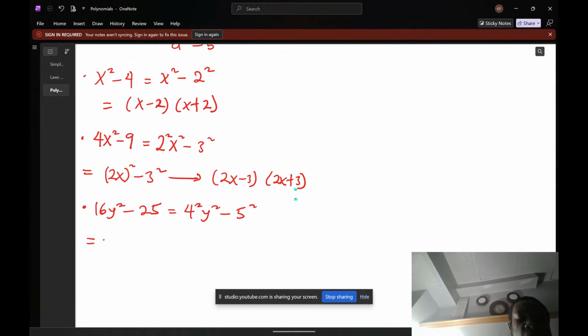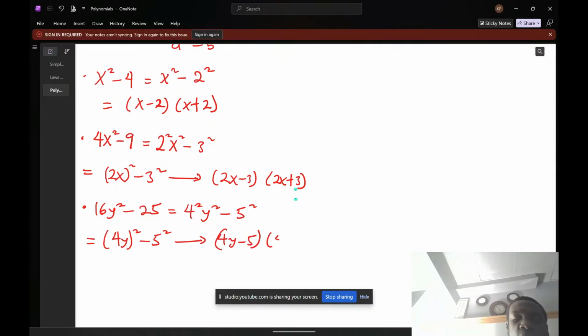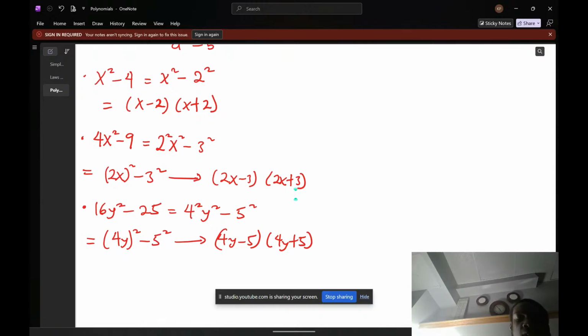Okay. So that will be equals to 4y all squared minus 5 squared. So we can write it like this. It will be 4y minus 5 into 4y plus 5. Okay.